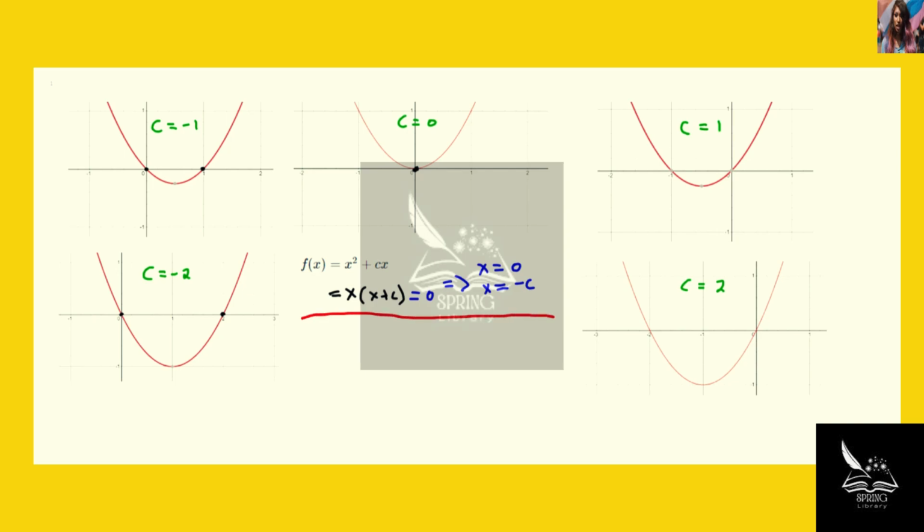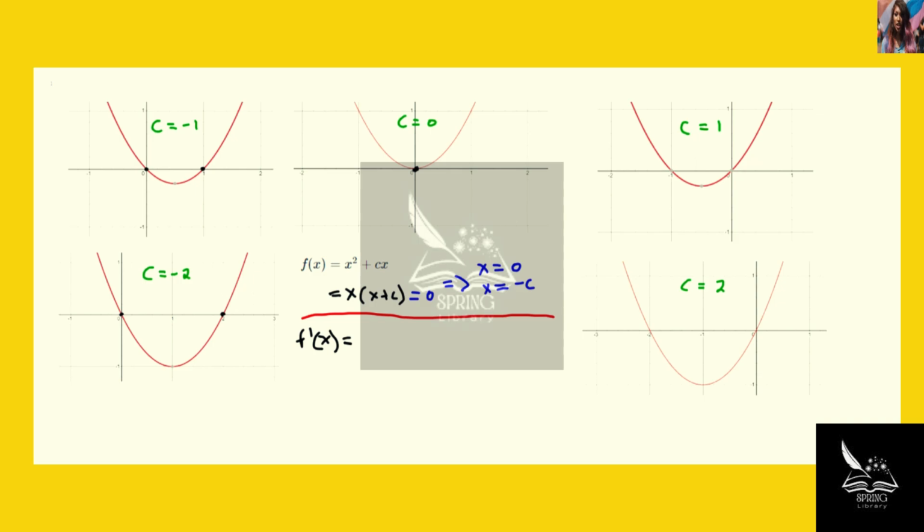Now let's go ahead and look at the derivative of this. So f'(x), because remember, to find maximum or minimum points, we can look at critical values, which is where our derivative is equal to 0 or undefined. Taking the derivative of x² + cx, we would use the power rule.